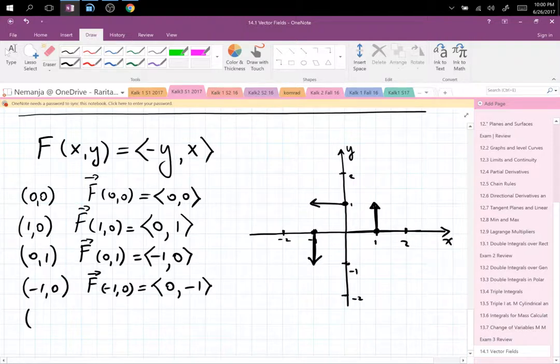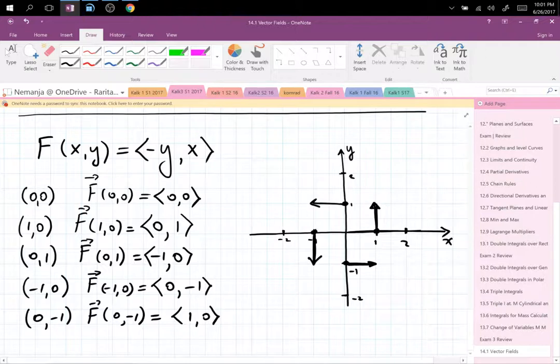And then we have at 0, negative 1, so y is negative 1. We get 1, 0. What do we get here? Rotation. This is a counterclockwise rotation.